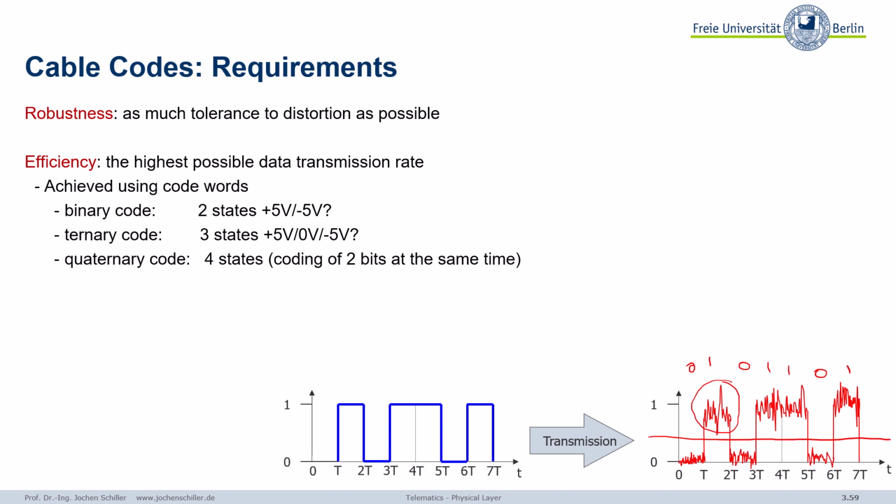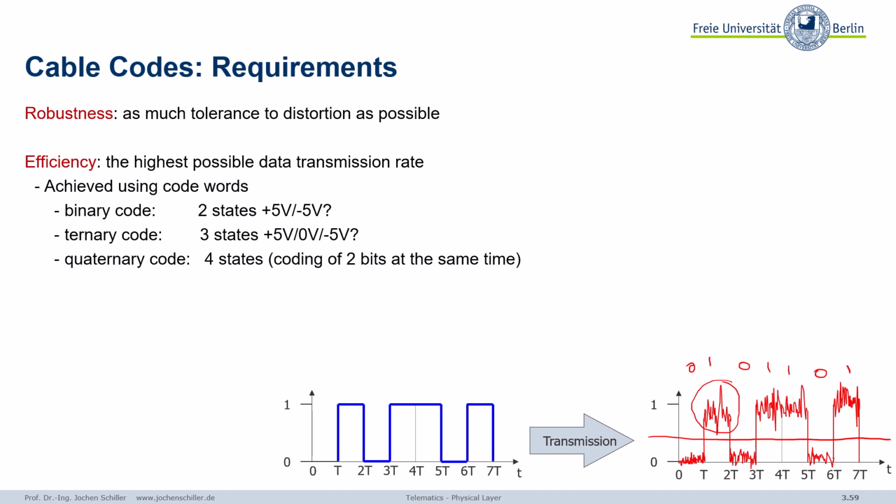And depending on the coding, we can squeeze more or less when it comes to the data rate. So we can have 2 states, 3, 4, 5, whatever states. We saw this already with our multi-level signals. These are exactly the multi-level signals which we can apply as baseband signal on, for example, our copper wire.